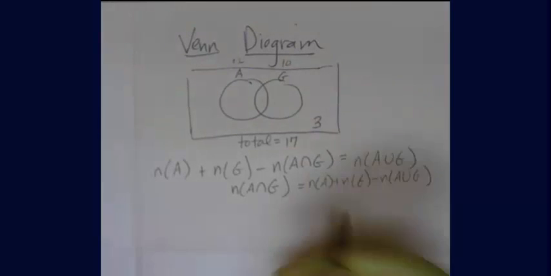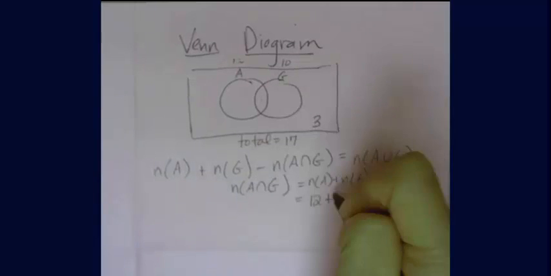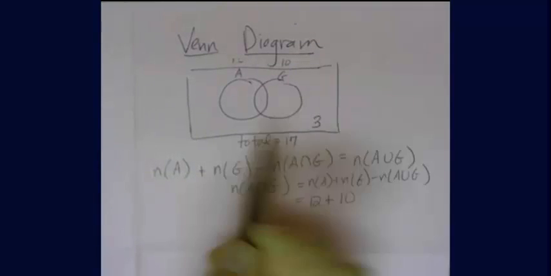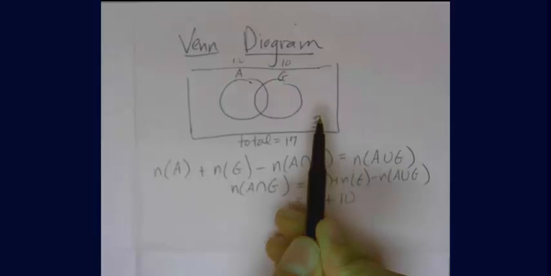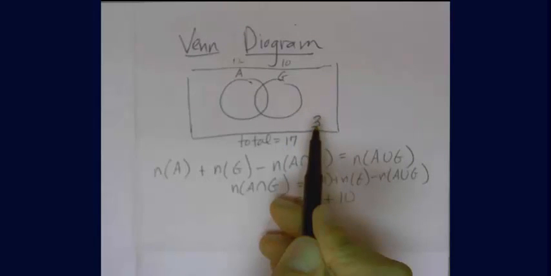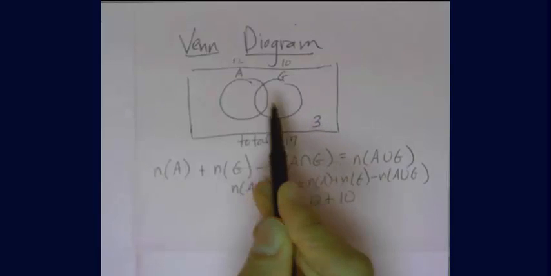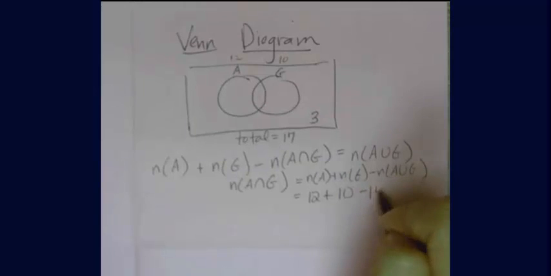So we know that the number of people in algebra was 12, the number of people in geometry was 10. How do we figure out what was in the union? Well, we know the total was 17, 3 taught neither, and therefore there has to be 14 who taught either algebra or geometry.